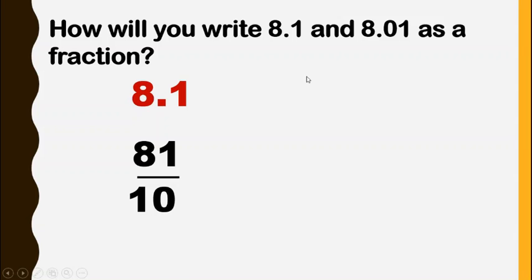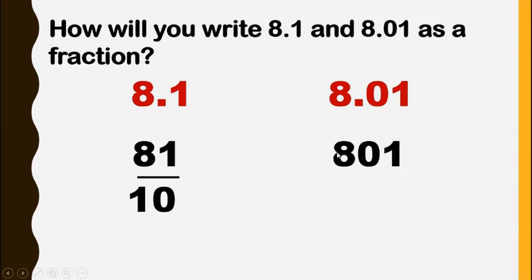How about 8.01? We need to copy first the digits that we have. That is 801, over. Look how many decimal digits we have. It's 2. So we need to write 2 zeros and 1 at the start of it.